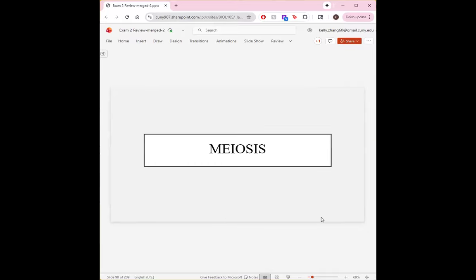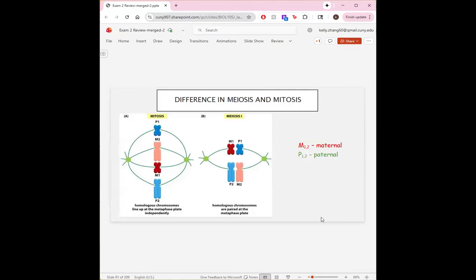And then we have meiosis. So mitosis is asexual reproduction, and it's based on mitotic division of the nucleus and produces offspring that are clones, genetically identical to the parent. So then meiosis, which is sexual reproduction, requires gametes created by meiosis.